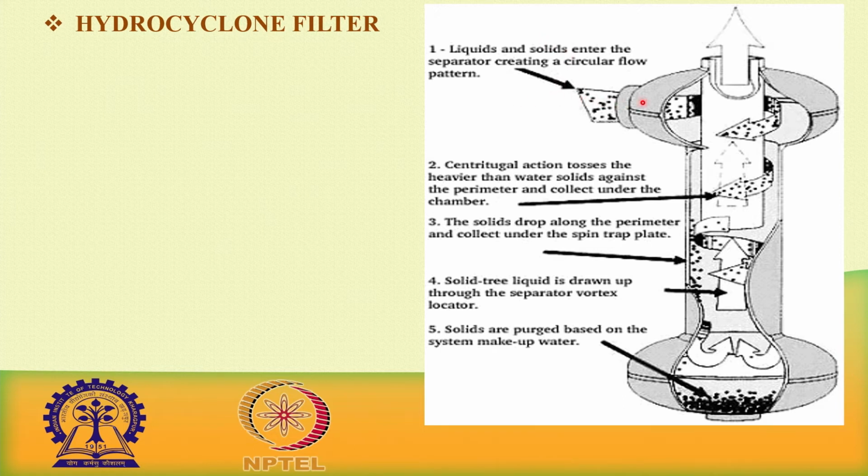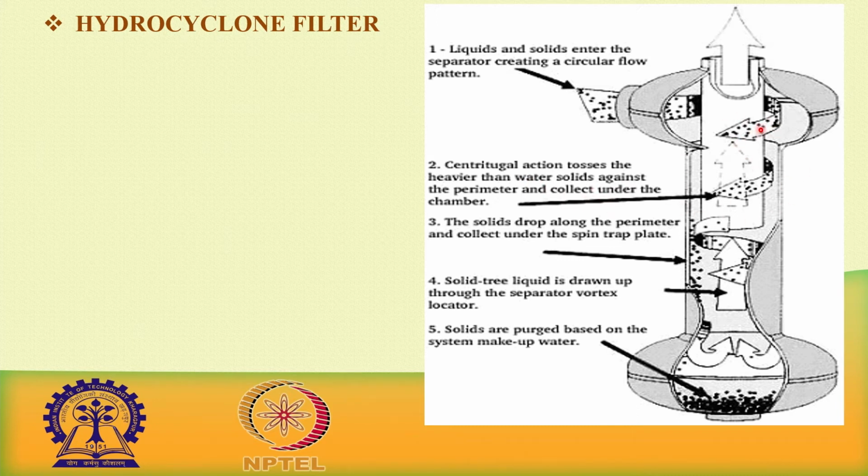So, this is the inlet end of the filter, and then it comes here, and because of the shape, this is conical in shape, it creates a centrifugal force. So, centrifugal force tosses the heavier material which is available in the water. It goes to the perimeter.